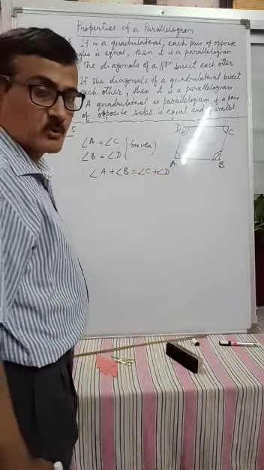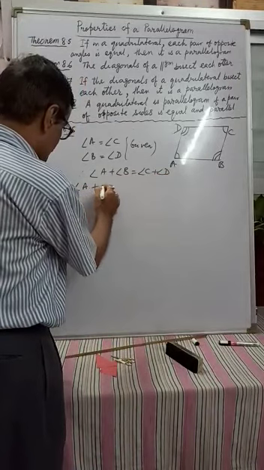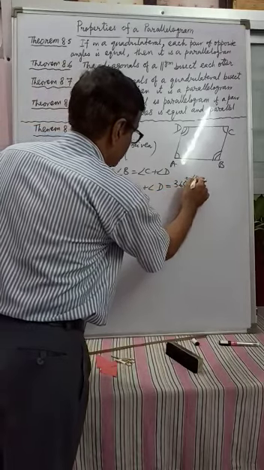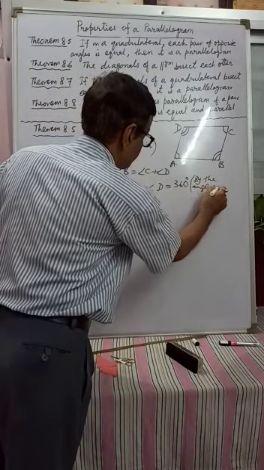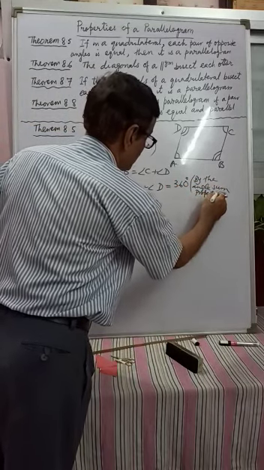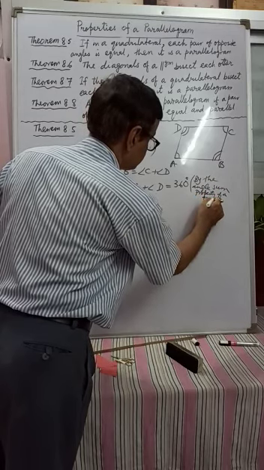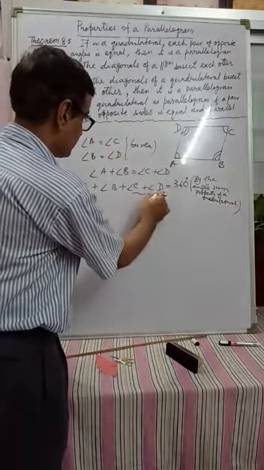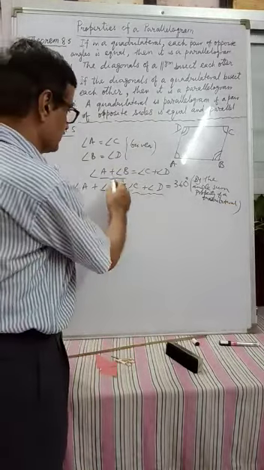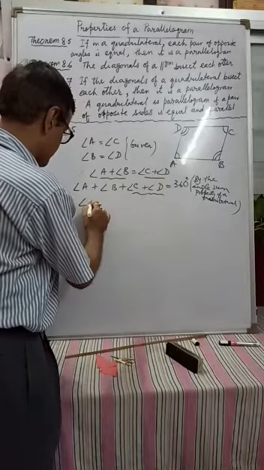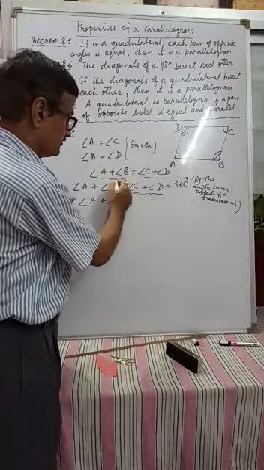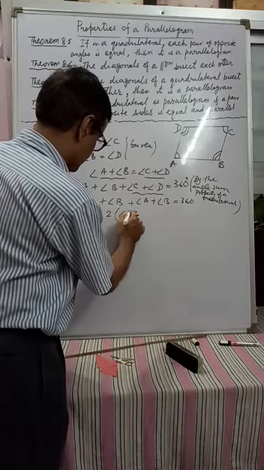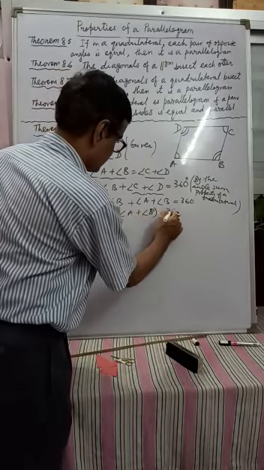By the angle sum property of a quadrilateral, we know the sum of all four angles of a quadrilateral is 360 degrees. Now in place of angle C plus angle D, we can write angle A plus angle B, because angle A plus angle B is equal to angle C plus angle D. That means twice (angle A plus angle B) is 360 degrees.